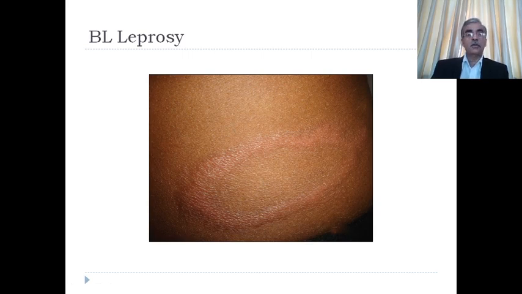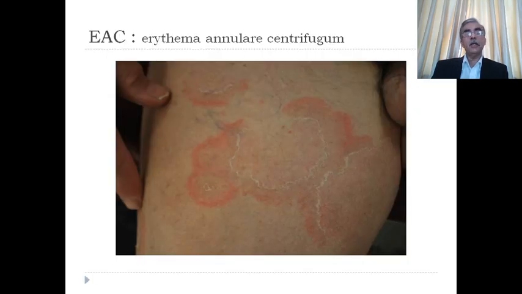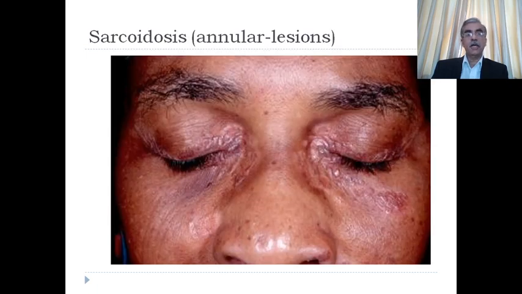So sometimes it may be difficult to differentiate leprosy from Tinea corporis. Then another condition, erythema annulare centrifugum, has to be differentiated from Tinea corporis by doing KOH. Right, the KOH examination will be negative.